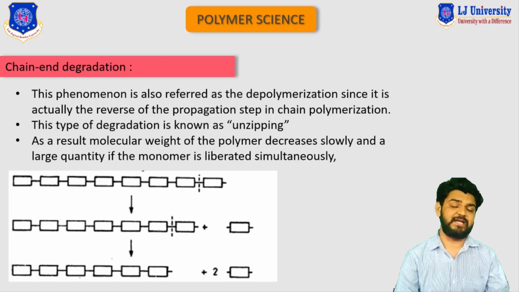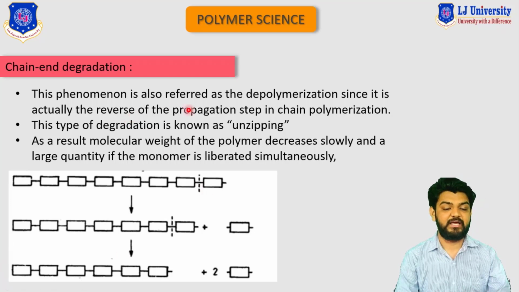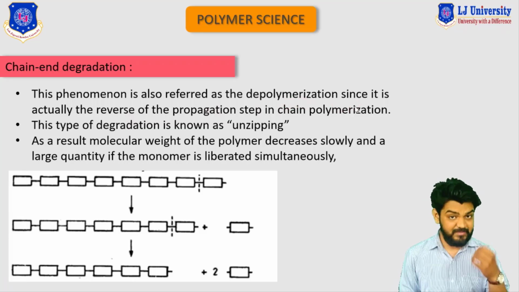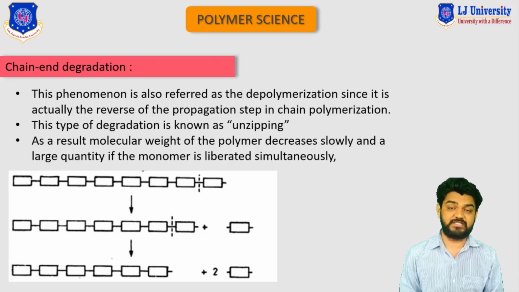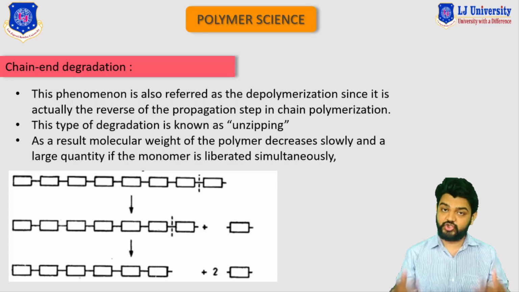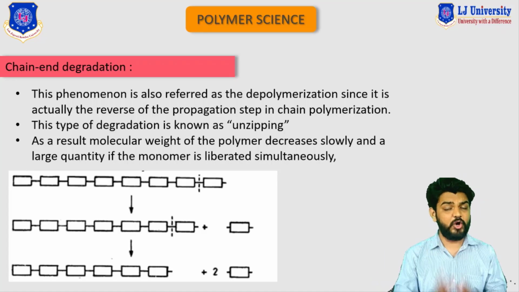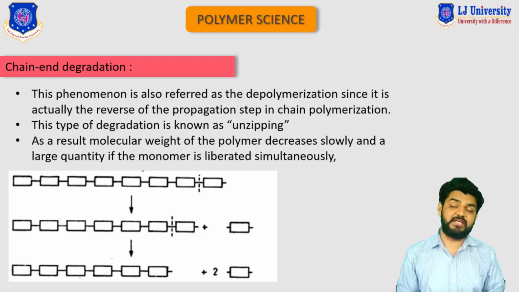This phenomenon is also referred to as depolymerization. In a polymerization technique, we are combining or joining monomers in order to form a long polymer chain. But in the chain end degradation process, we are actually reversing the phenomenon of polymerization.